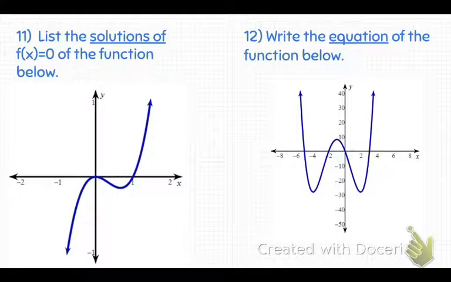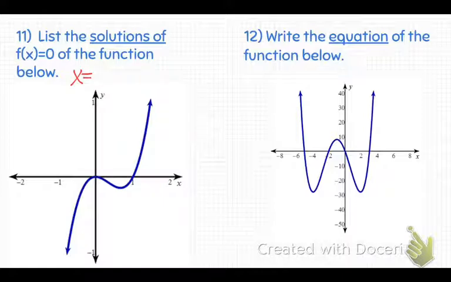Number 11 says list the solutions of f of x of the function below. So what are my solutions on number 11? Okay, 0 is a solution, and 1 is a solution, but how do I write that correctly?